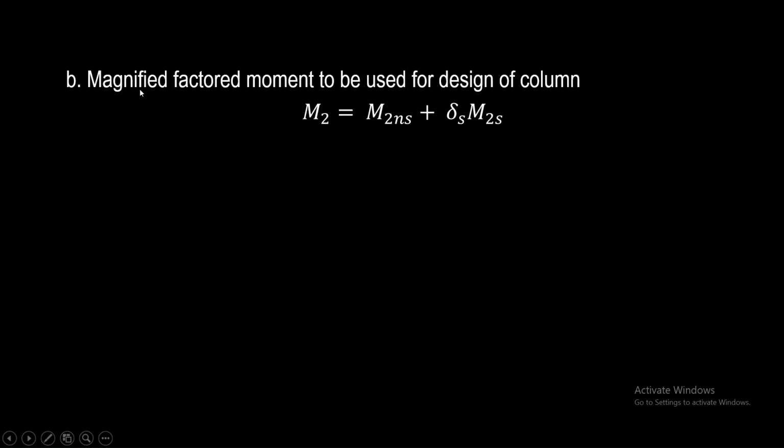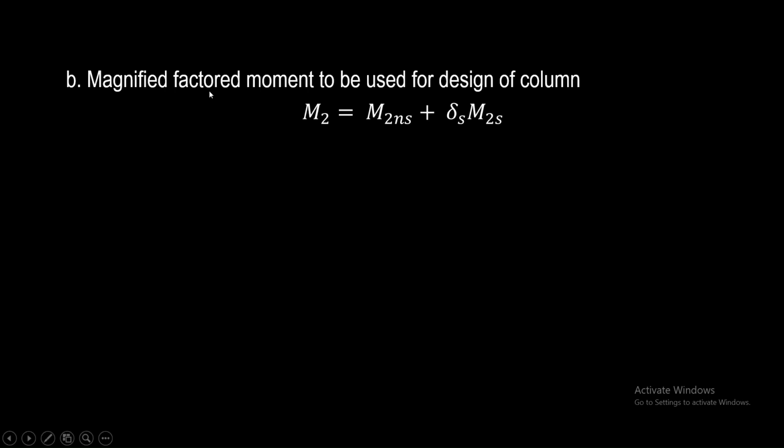For the magnified factored moment, we have the equation M sub 2 equals M sub 2ns, the moment with no appreciable side sway, plus the magnification factor multiplied by the moment with appreciable side sway, or M sub 2s.